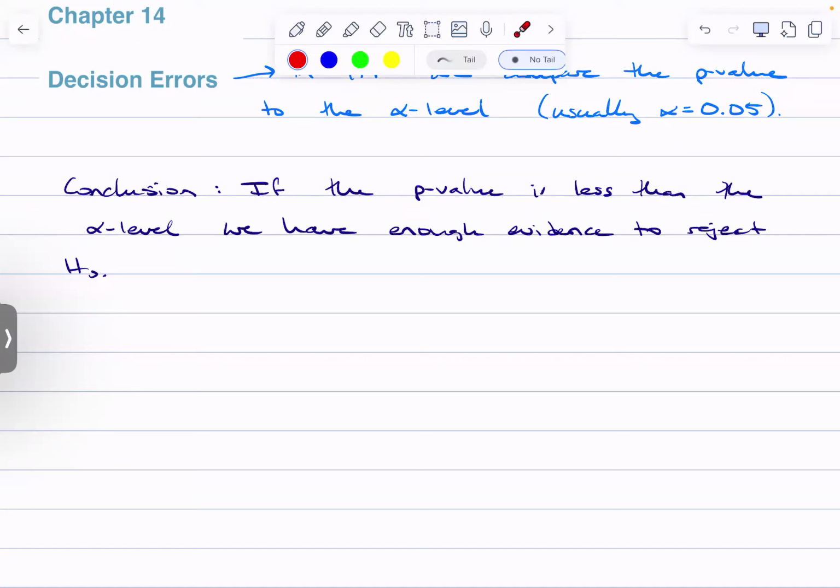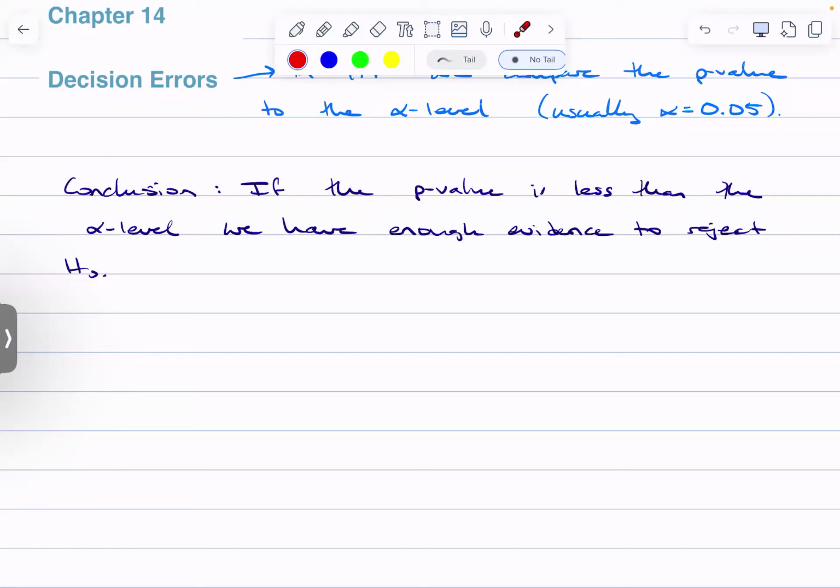What does that alpha level mean? That alpha level is you declaring, I'm okay with being potentially wrong and rejecting H naught 5% of the time, right?